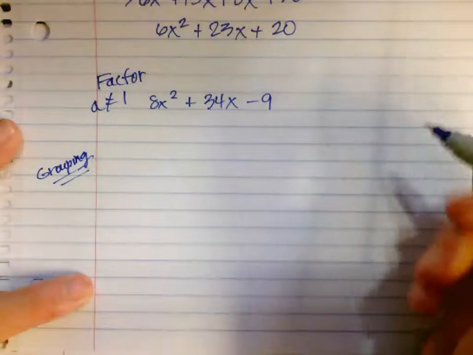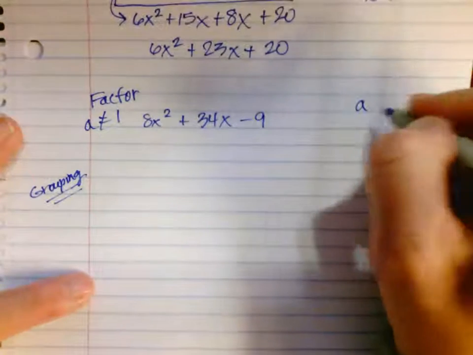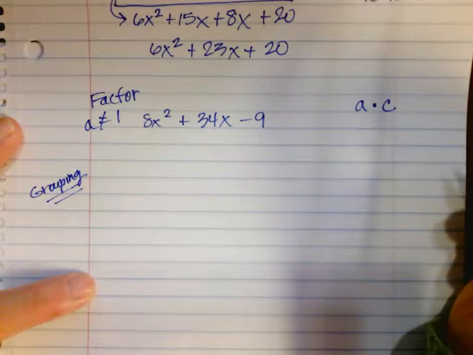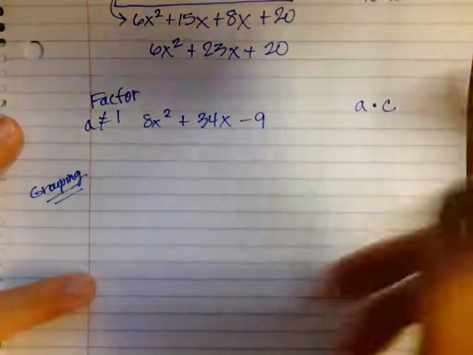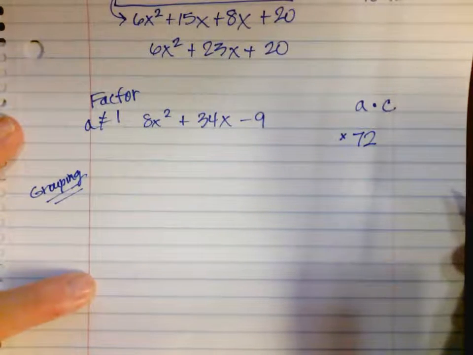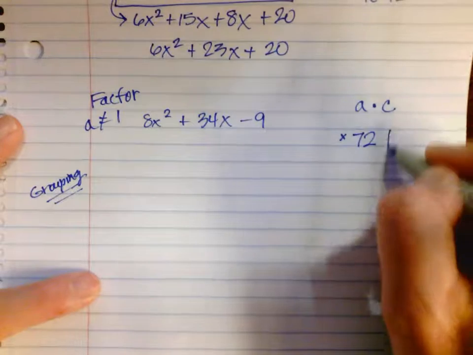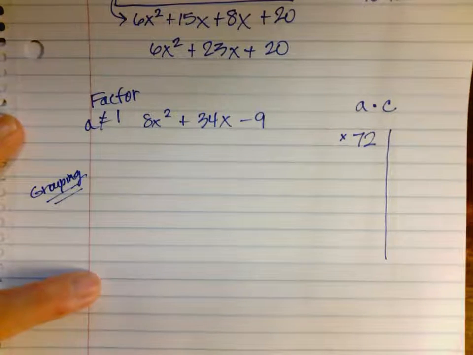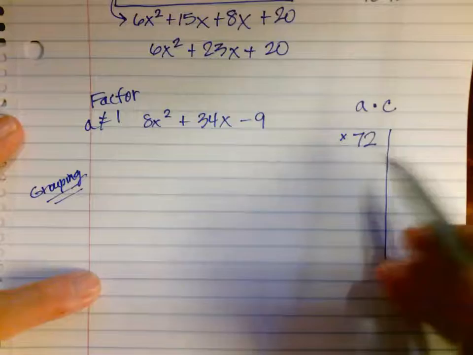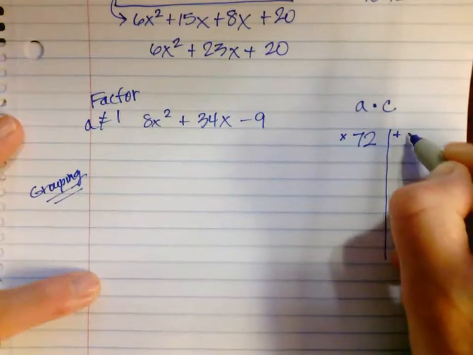Our first step is to multiply the a value times the c value. And in this case, they multiply to give us 72. So we're looking for numbers that multiply to give you 72 and add up to 34.